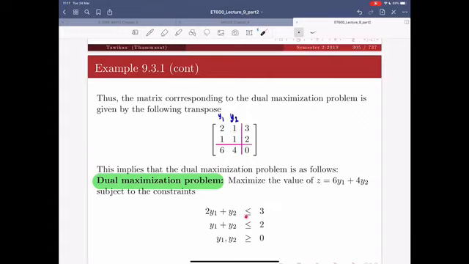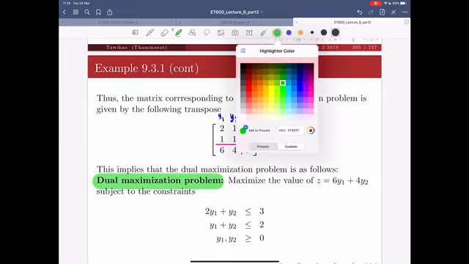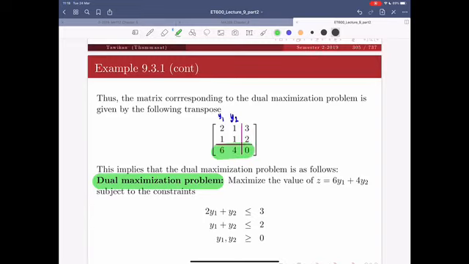The inequality sign will be changed from greater than or equal to, to less than or equal to. From the second row of your matrix, after you have taken the transpose, you're going to get y1 plus y2 less than or equal to 2, which is that number. Okay? But you also still have the non-negative constraints of your variables y1 and y2. The last row, or the bottom row, will give you the coefficients of the dual maximization problem.